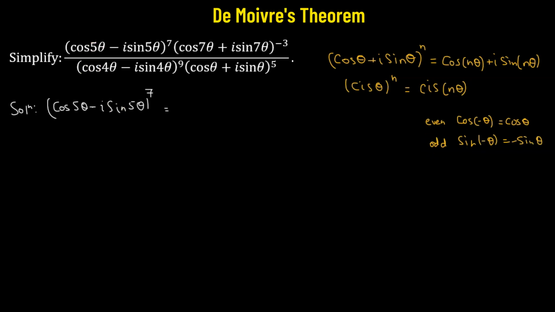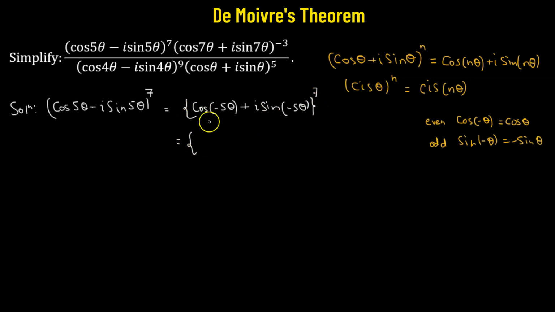Right. So that means our expression will now become (cosine of negative 5 theta plus iota times sine of negative 5 theta) raised to the power of positive 7.